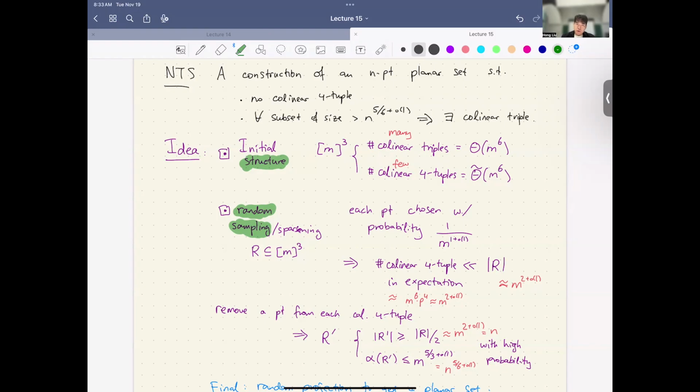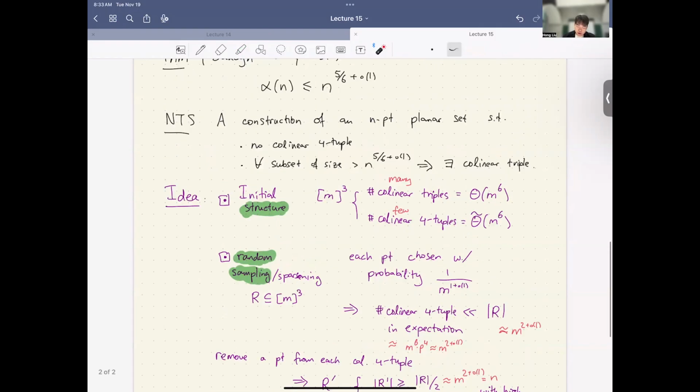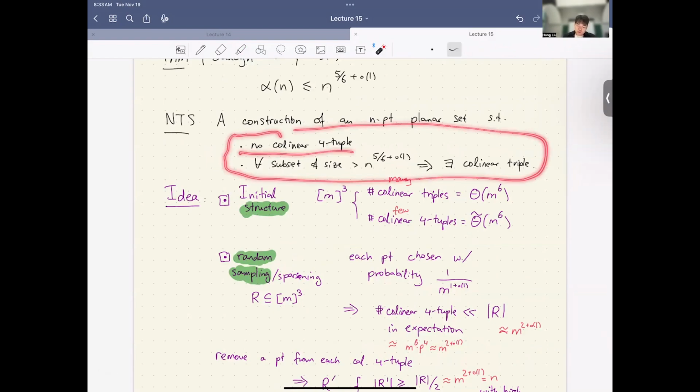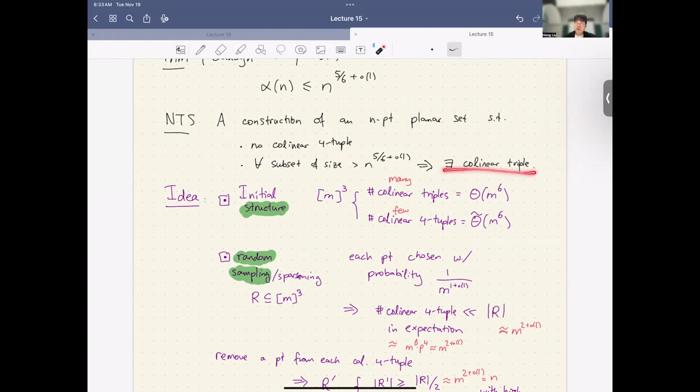So here, the initial discrete object with the structure we want: we want something that has no collinear 4 tuple, but is very rich in collinear triples. So the initial object we start with had better have many collinear triples.